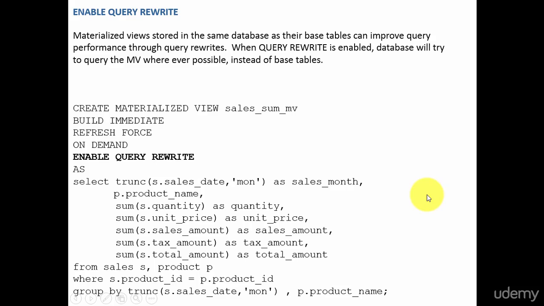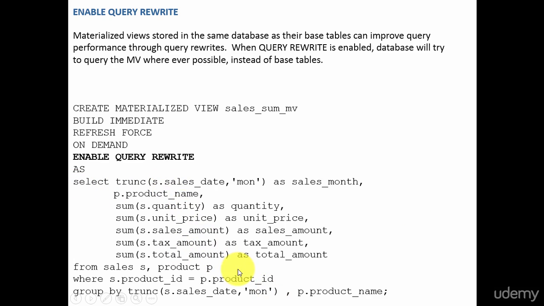In this session, let's learn about one of the important features called query rewrite. We learned that we create materialized views to improve performance. Right here you see my select SQL statement.